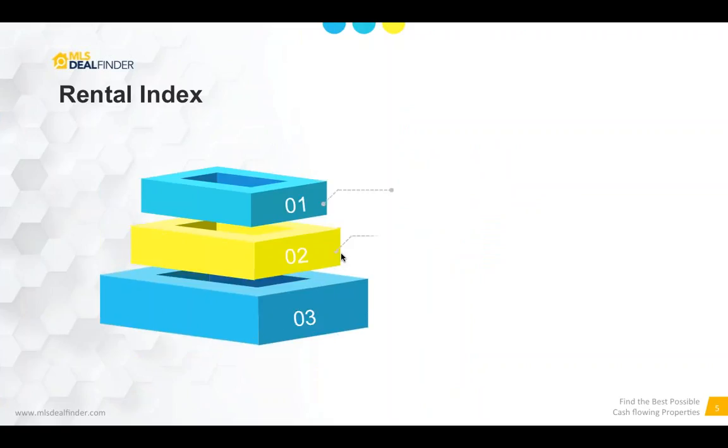So let's look at rental index just based on that formula. Okay, if the purchase price is $100,000 and we can rent it out for $1,000, if we divide the two numbers, it's basically 1%. Okay, so the rental index is 1.0. That's one example.